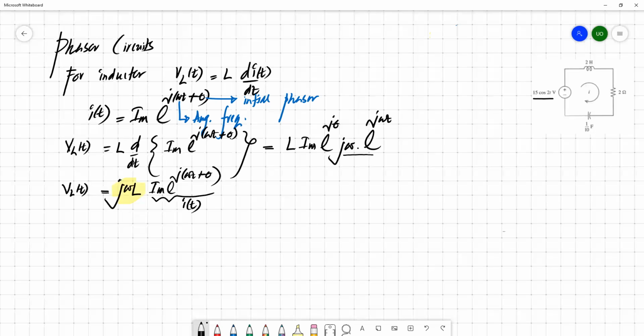So V equals I times a certain component. If it is a resistor, we know this would be the resistance: V equals I times R. Similarly, we can define a term called impedance.